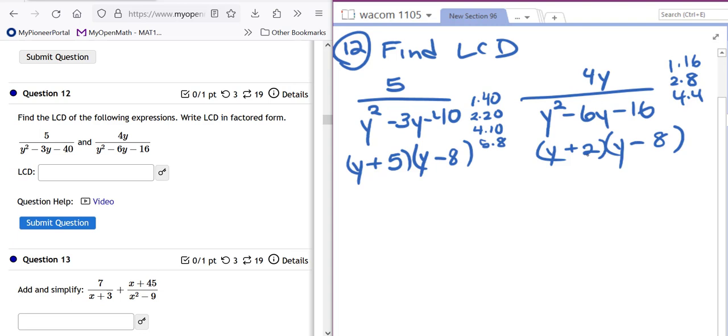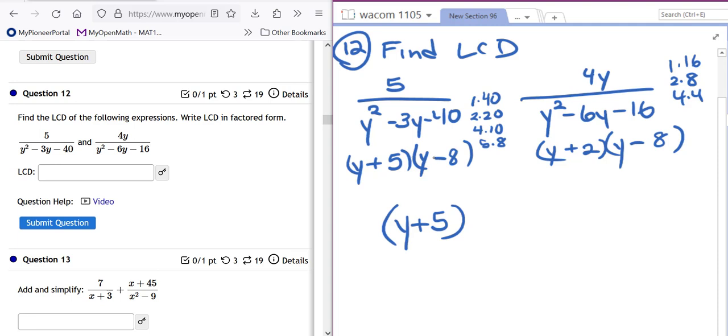All right, we had to factor all that to see what kinds of pieces we have. You have to take every kind of piece you have, and you take it from the fraction where it occurs the most. So we're going to need to take a y plus 5, and it only occurs once in either fraction. All right, let's go ahead and do the y plus 2.